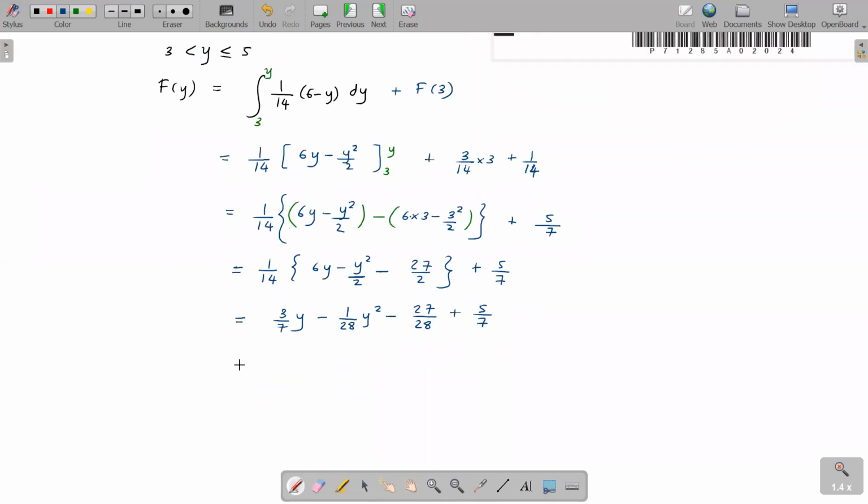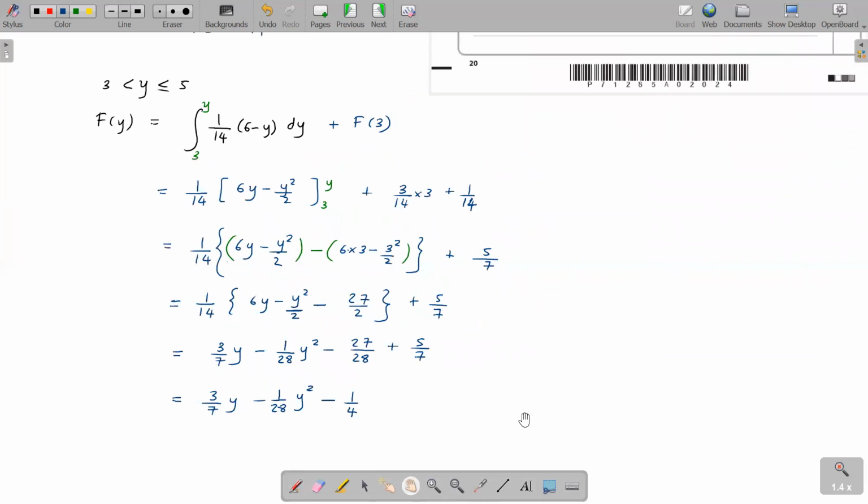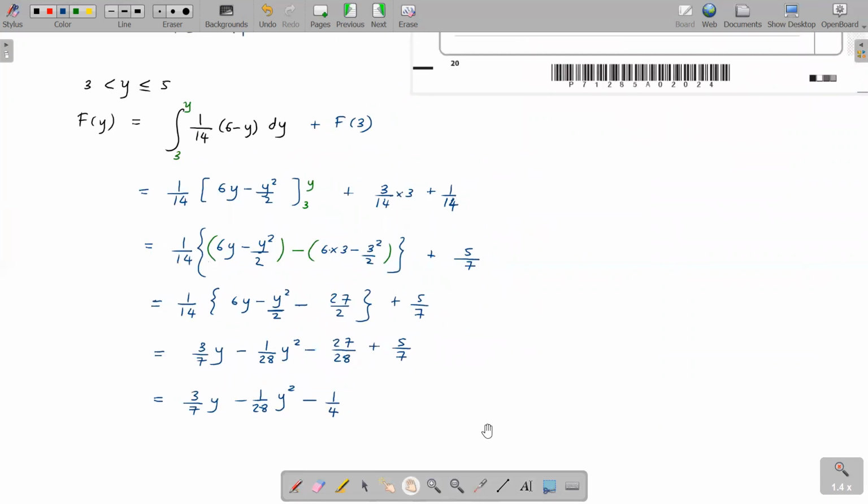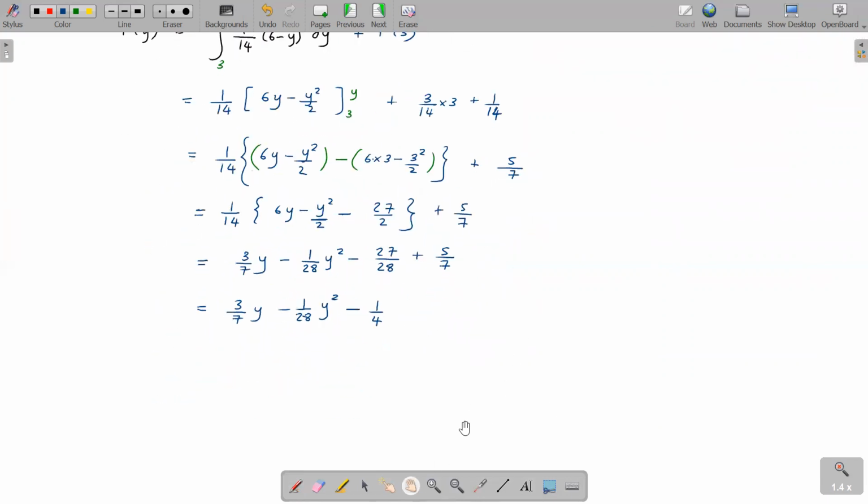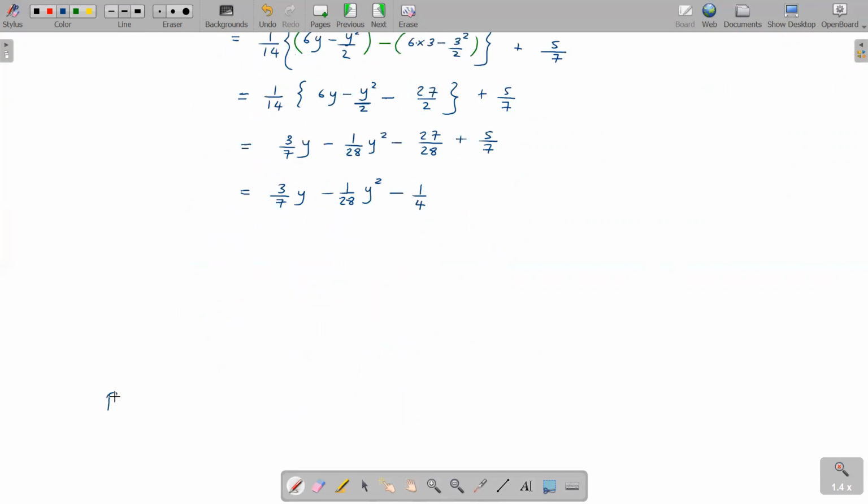What does it give you? 3 over 7y minus 1 over 28y square minus 27 over 28 plus 5 over 7. Can I know the answer? Minus 1 over 4. So this is your capital Fy completely defined. Okay, so to completely define it, it's not like this. You have to give the full thing, define it in this manner.